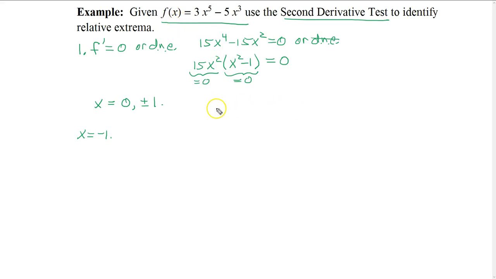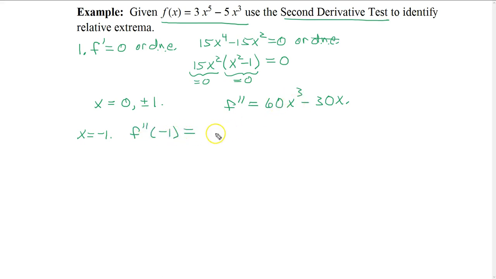So let's put that over here. Let's note that f double prime is 60x cubed minus 30x. So we take -1, put it in here for x, and let's see what we get back.